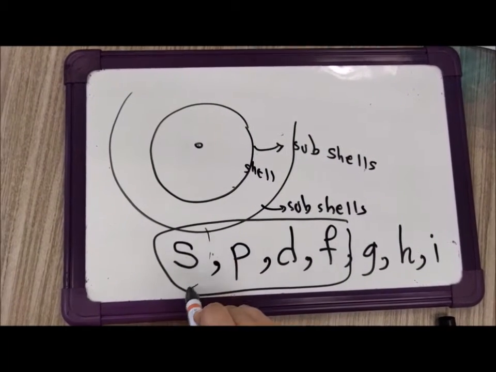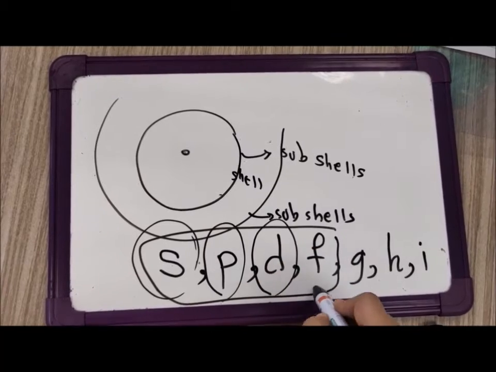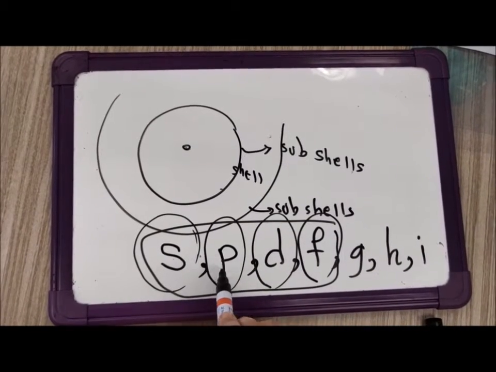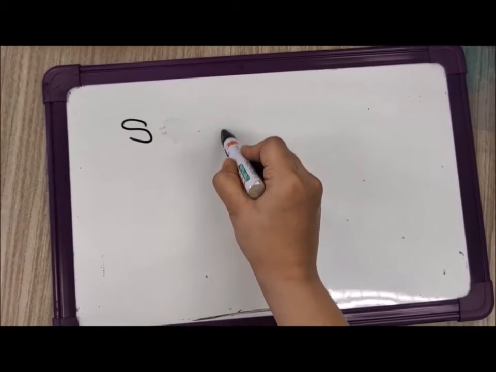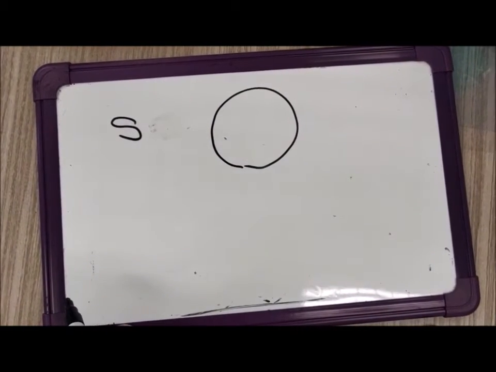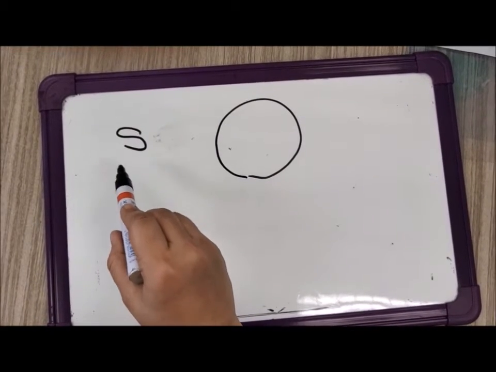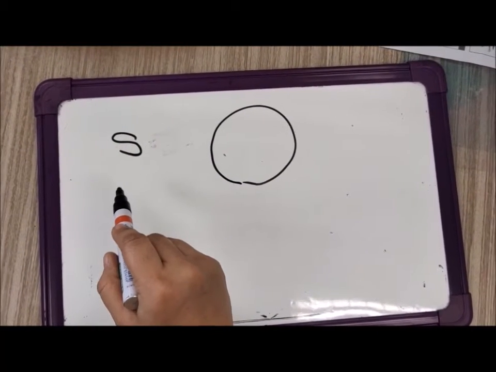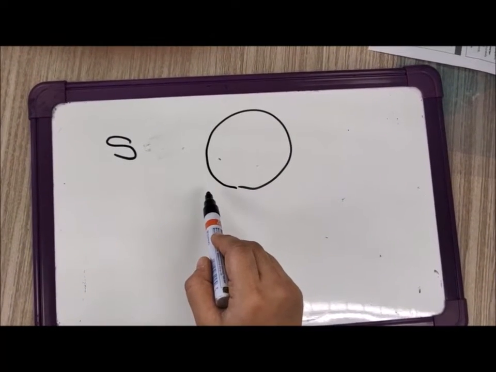Each of these subshells has a different shape from the others. S is spherical, a rounded shape, and there is only one type of s subshell. This is called one orbital.